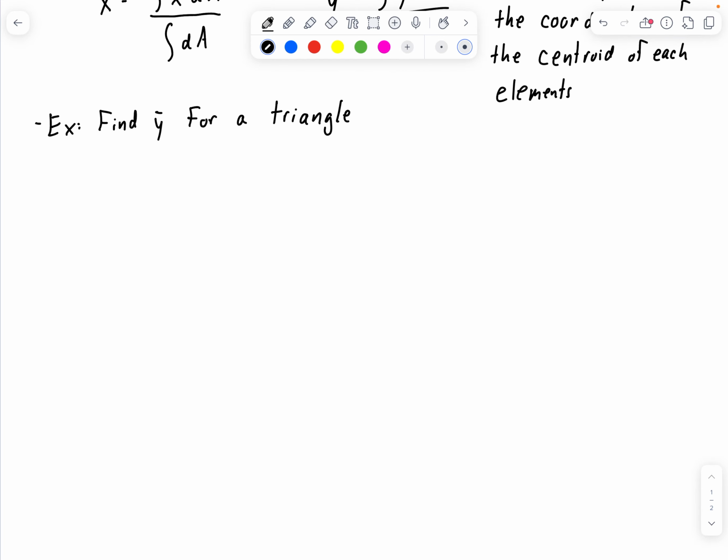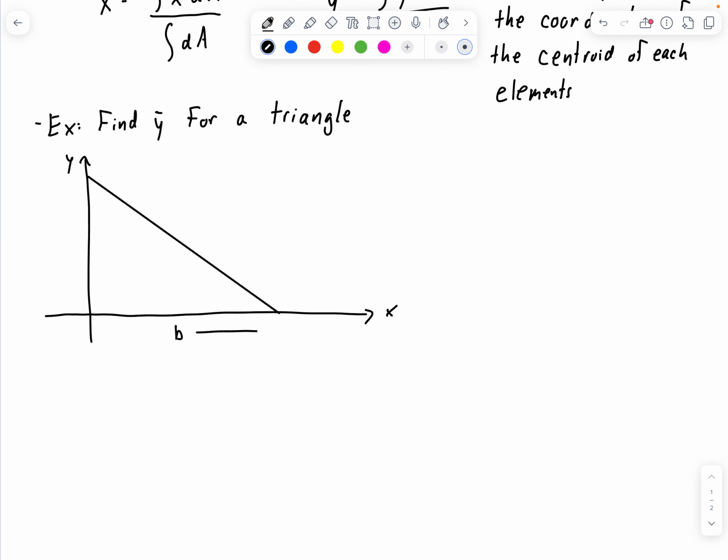Okay, so I'll draw our triangle here. We have our y coordinate here. We have our x coordinate here. The triangle has a base of b and a height of h.